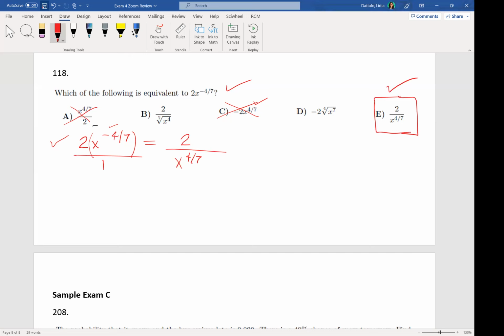But now let's take the exponent form and change it to a radical form.